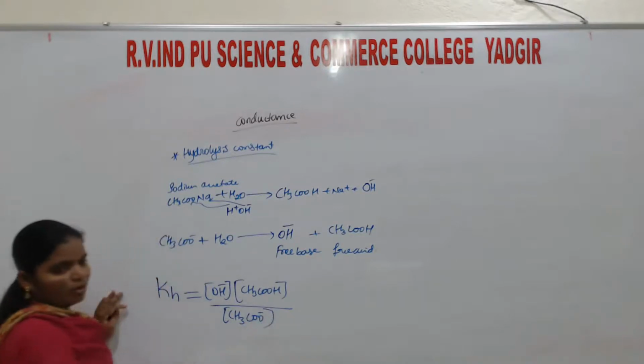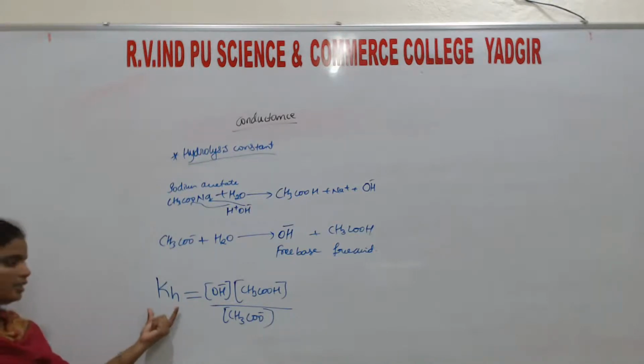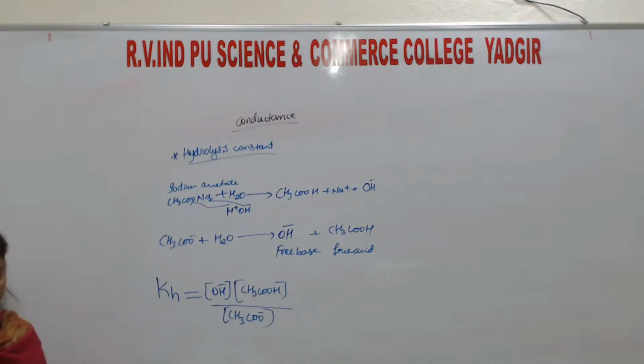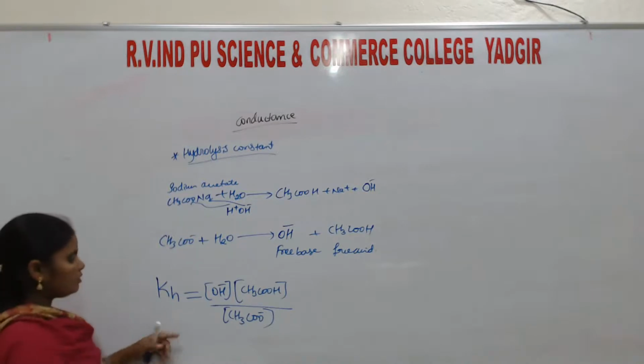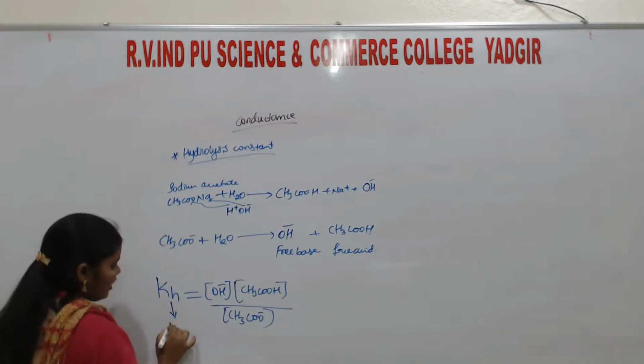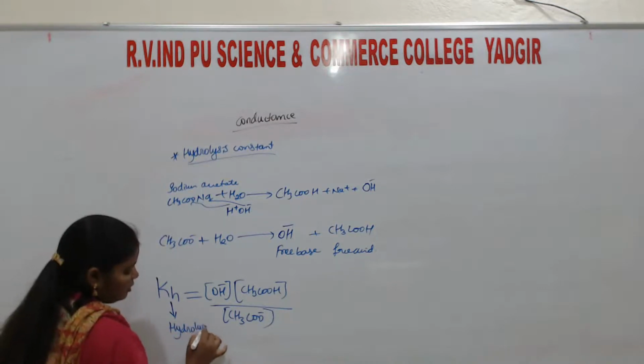This gives the hydrolysis constant, and KH is known as the hydrolysis constant.